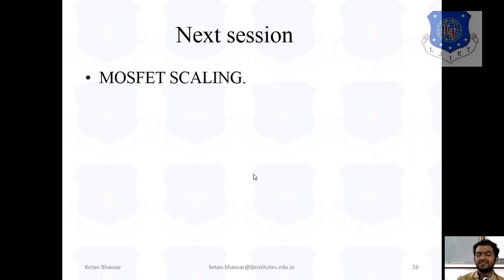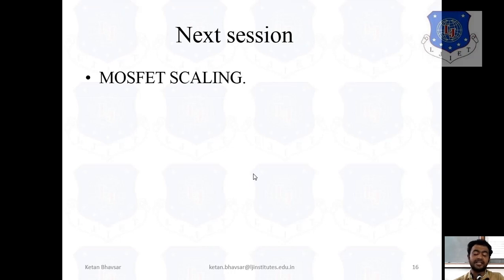In the next session we will discuss scaling, what exactly MOSFET scaling is, and also the current and voltage characteristics in terms of current, what exactly the role of current is in real-time applications, and the importance of voltage scaling.